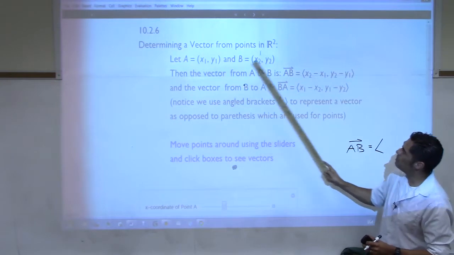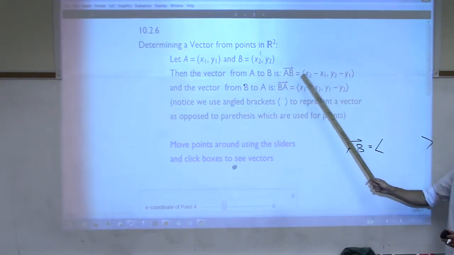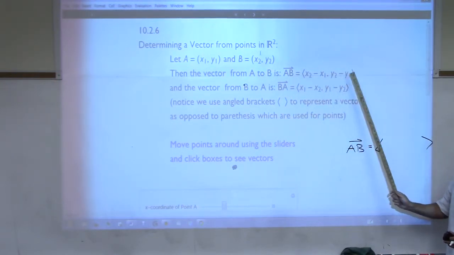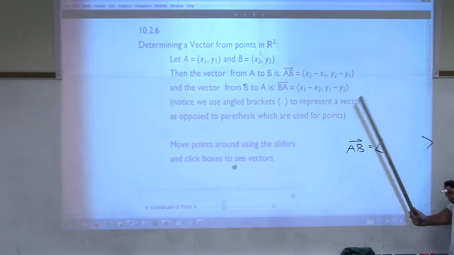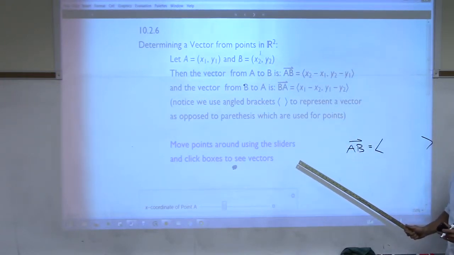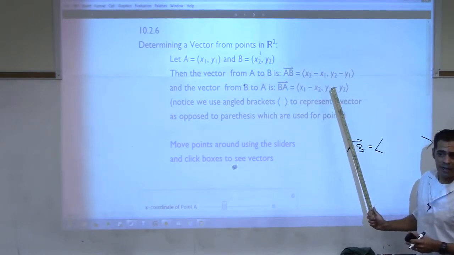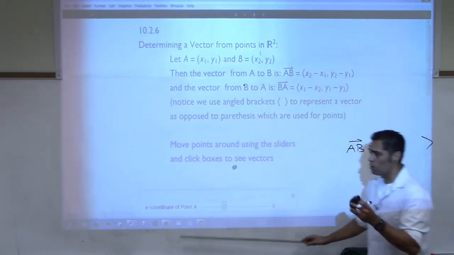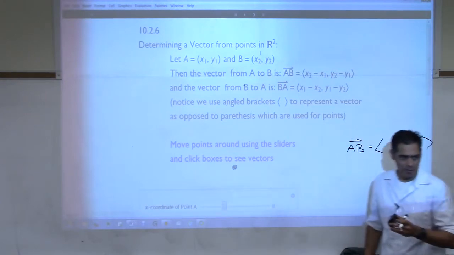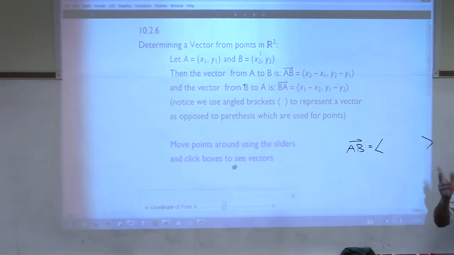So these are 2 points, and the result of going from A to B is a vector, so we use the angled brackets. And all you have to do is subtract the x-coordinates and the y-coordinates to get your vector. The order in which you do it is important, though. You can't just arbitrarily choose.